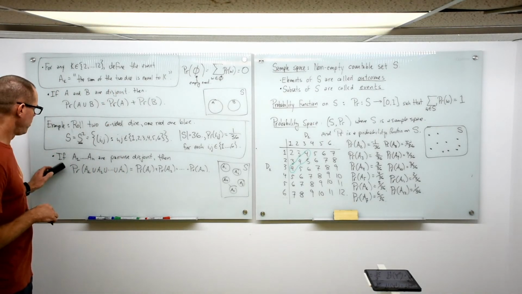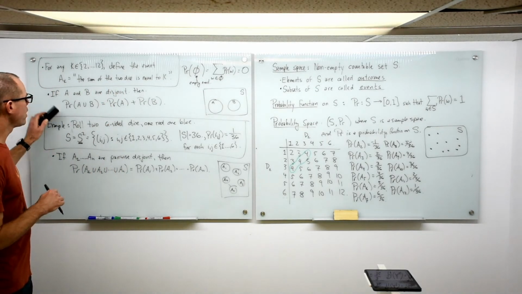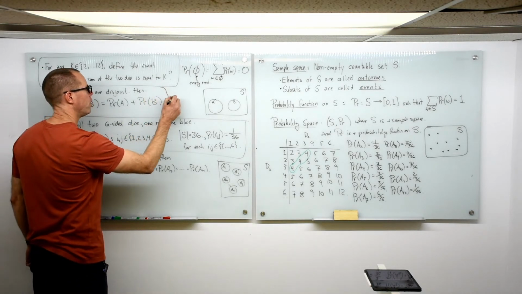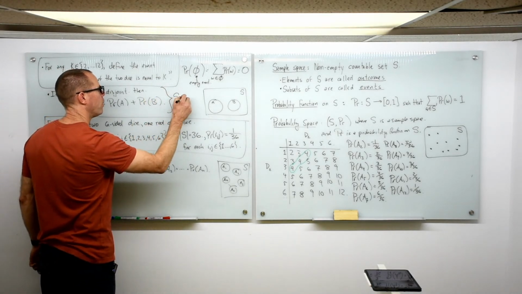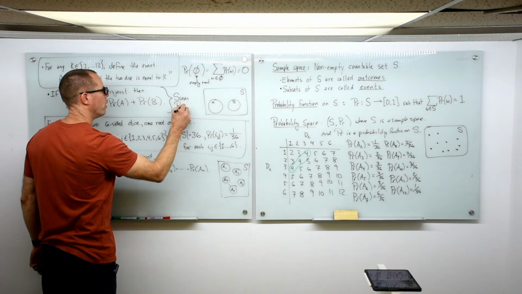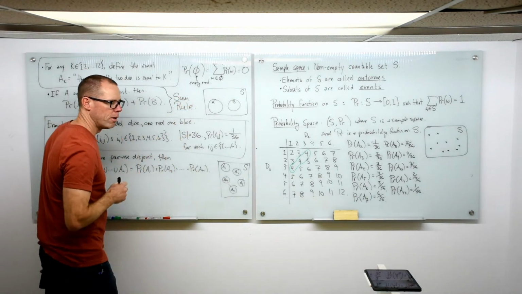Okay, so by now, hopefully you've recognized this thing. We'll give it the same name. It's the sum rule for probabilities.